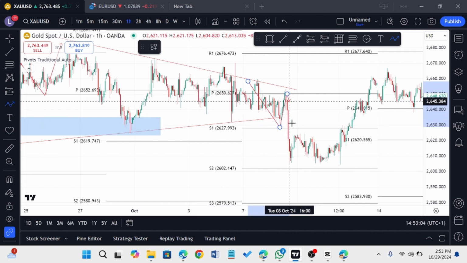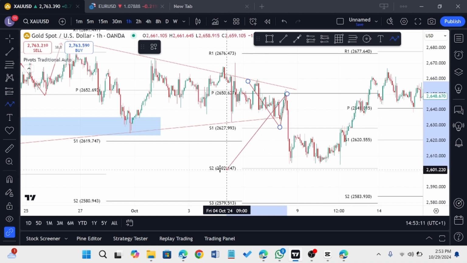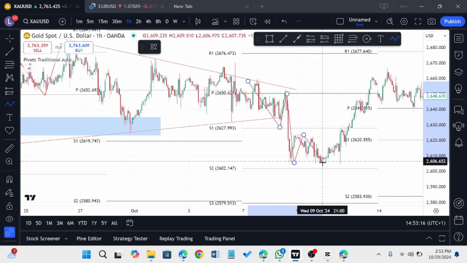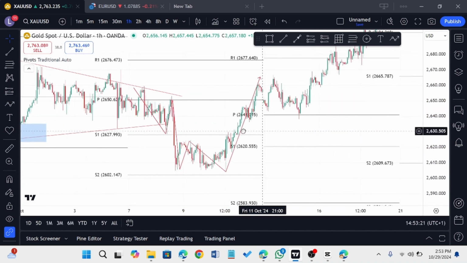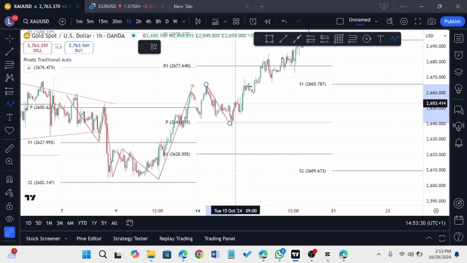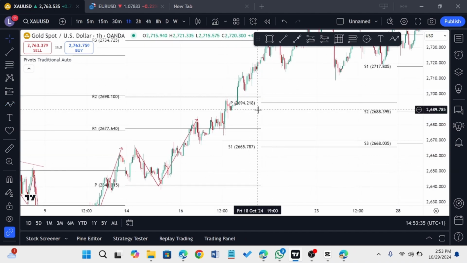You can see price go down to the S2, and S2 is a potential support level, and price reacted off that, had this consolidation, and price was able to continue its bullish trend right here. You can see this pullback right here to tap into the central pivot level, and continuation of the bullish trend. That is how you can use the pivot levels to trade.